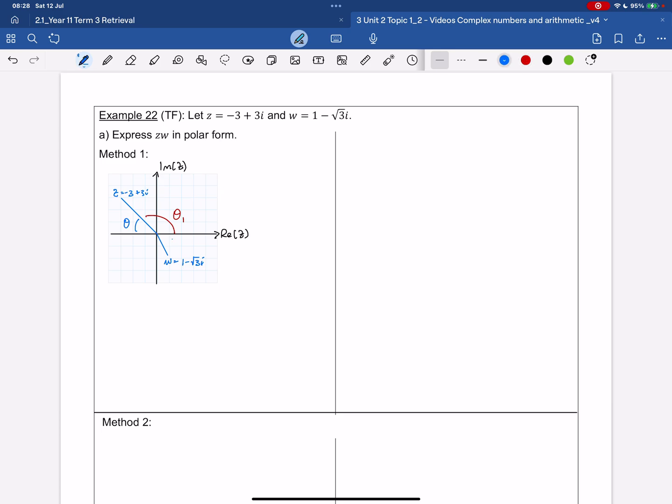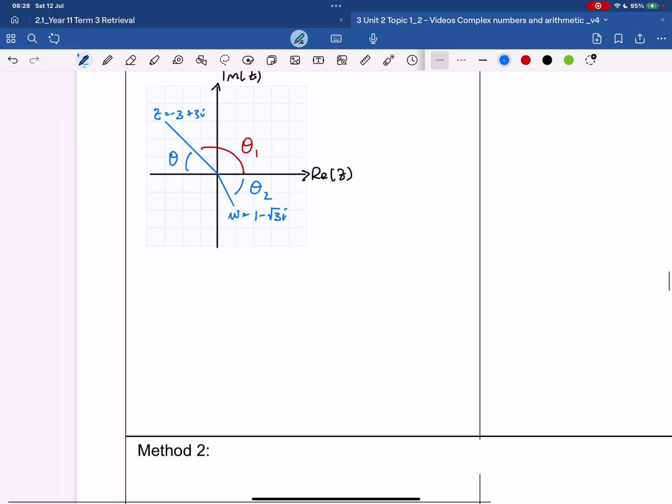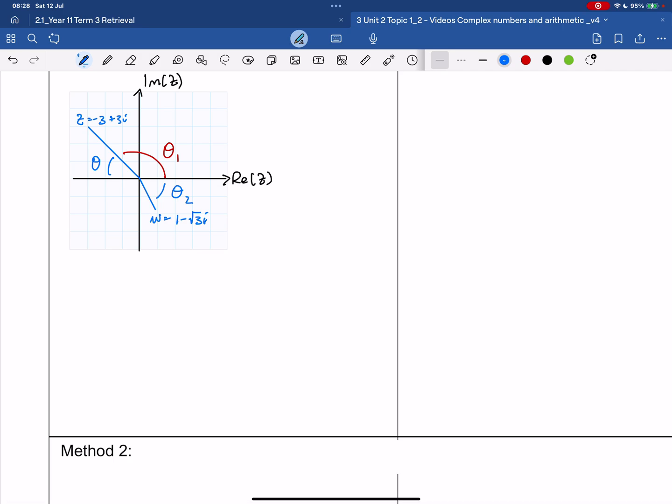And for W, as long as I have got my negative angle over there, that should work for my theta 2. So see the importance of sketching where these actually fall on the Argand plane so that we know what our principal arguments are going to be.